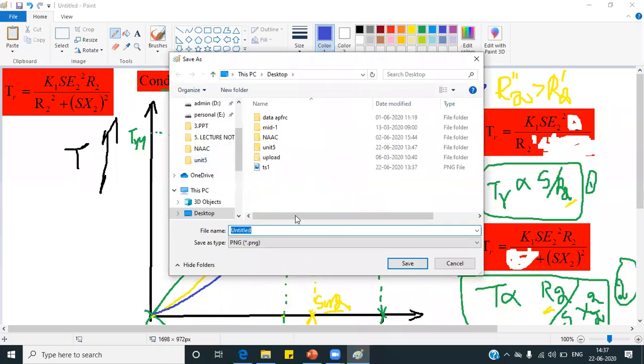I am just saving the file because we are running out of time. There are only 3 minutes for this session. Meanwhile, tell me in the chat box, should I explain another topic by taking some more time, or should I end the session? It's up to you guys.